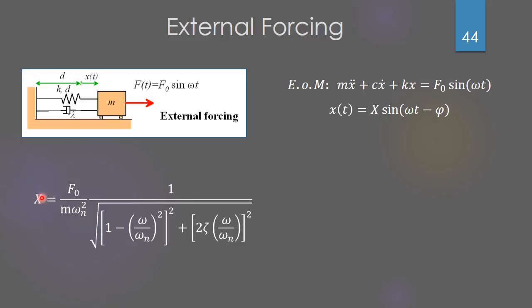We can see that the amplitude X equals F0 over m omega n squared, and this value over here. This value over here, we can call the magnification factor, and it's also equal to X over X0 and equal to kX over F0.